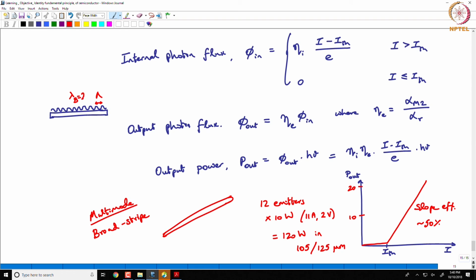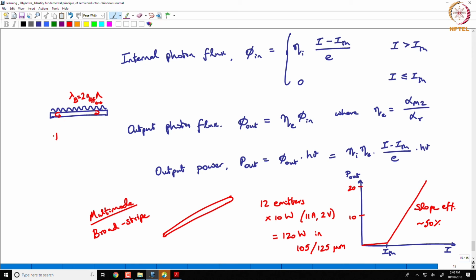The Bragg wavelength is given by 2 times n effective times capital lambda. Then that particular wavelength is going to be reflected all along the length of the cavity.